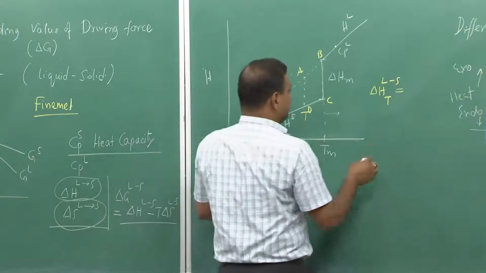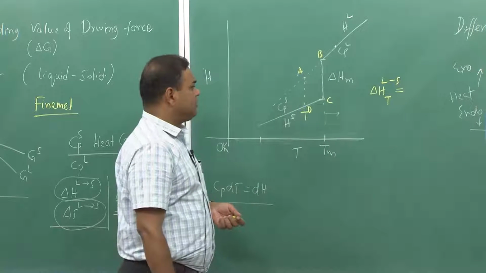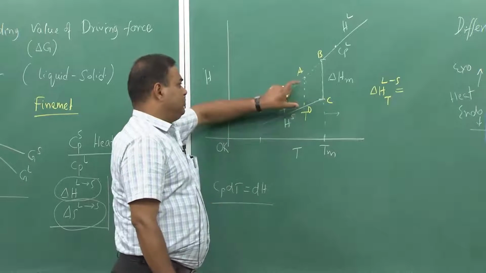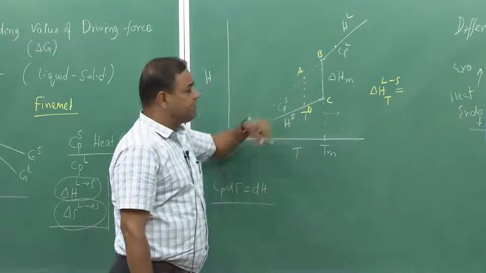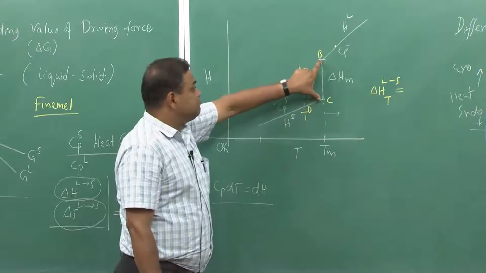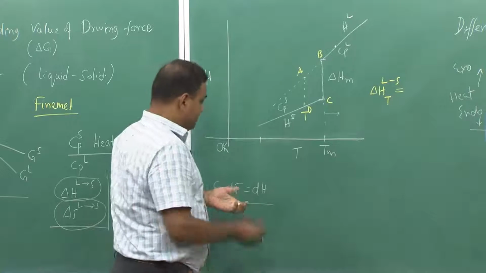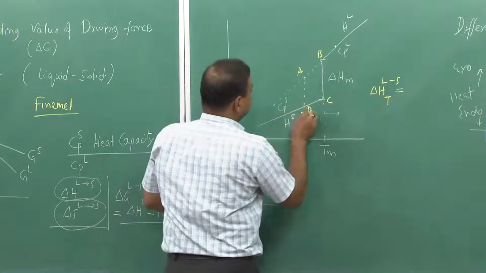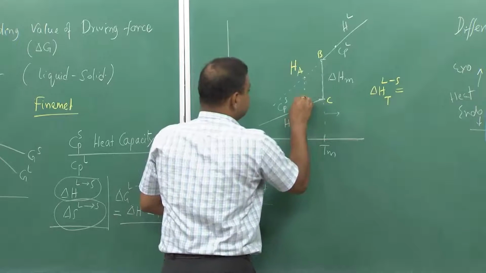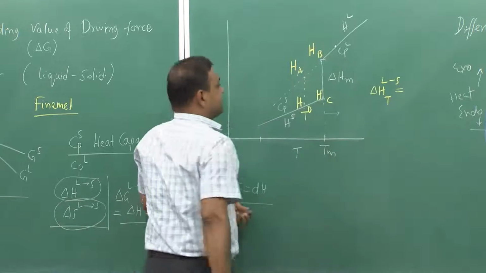Now, these values I have to calculate. I can simply calculate by the difference in Cp of liquid and solid, and then get the value here. But since it is a state function, we can also calculate using this particular value into our consideration. How can we do it? If I try to give a notation, this is HA, this is HD, this is HC, this is HB, let us say.